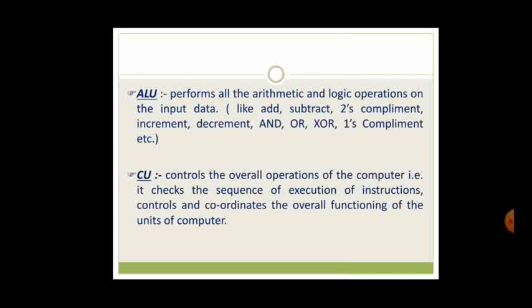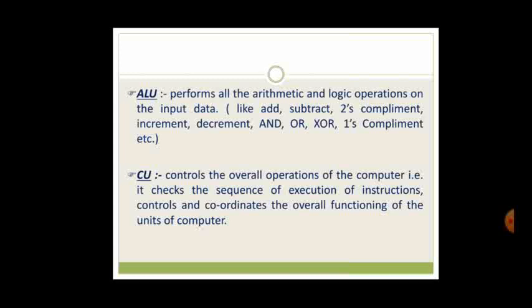Next one is CU. CU means control unit. The control unit controls all operations performed in the computer. It checks the sequence of execution of instructions, and controls and coordinates the overall functioning of the computer. That means at a time the computer will be doing lots of operations.